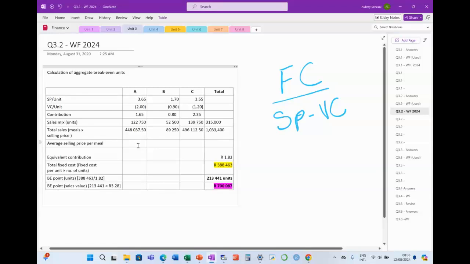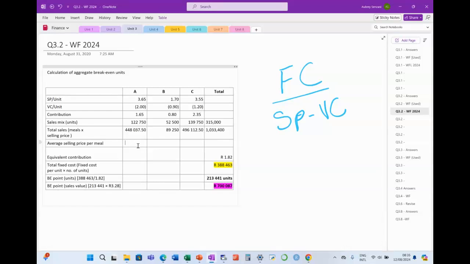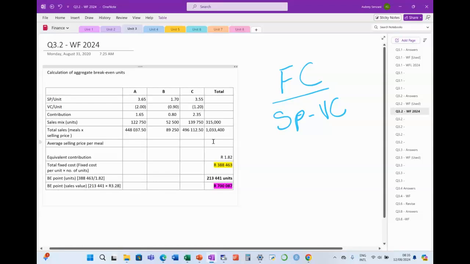But now what we want is to get the average selling price per meal. How do we get the average selling price per meal? If we take total sales of all three, divided by the number of units from all three, that is exactly what we would do.